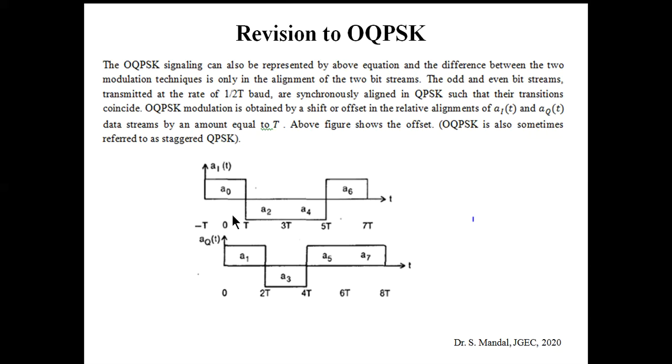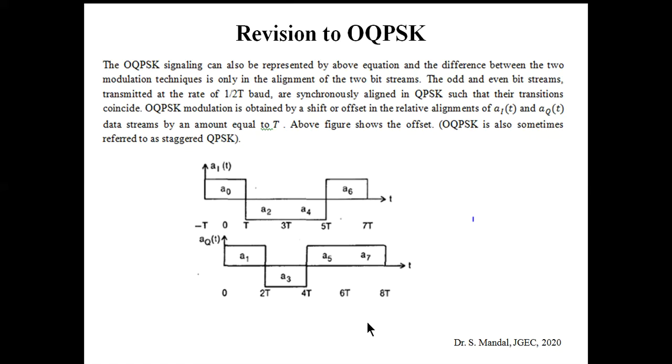So if we introduce an offset in the corresponding in-phase and quadrature bit streams, that means there is a delay between them. That is the main difference for the OQPSK bit stream.